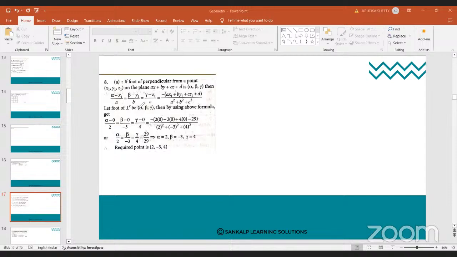So here, we are considering the foot of the perpendicular as (alpha, beta, gamma), and you need to remember this formula.